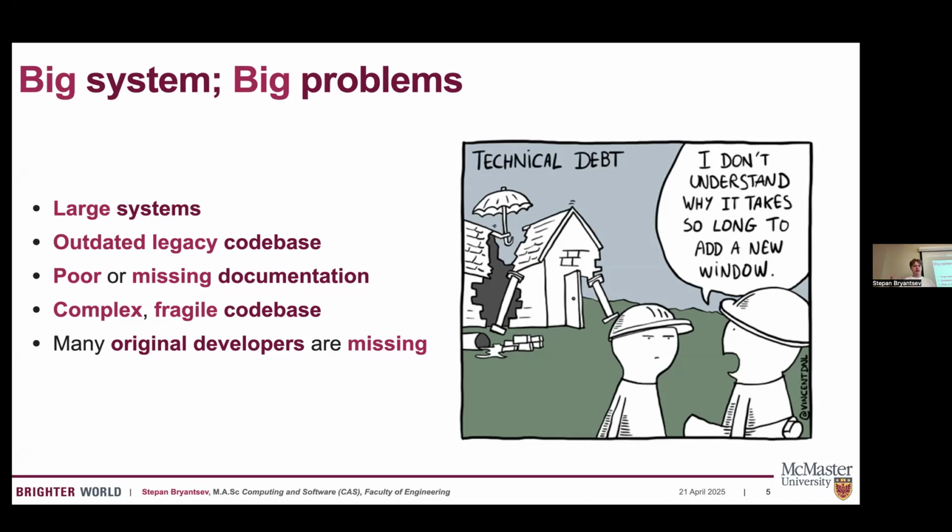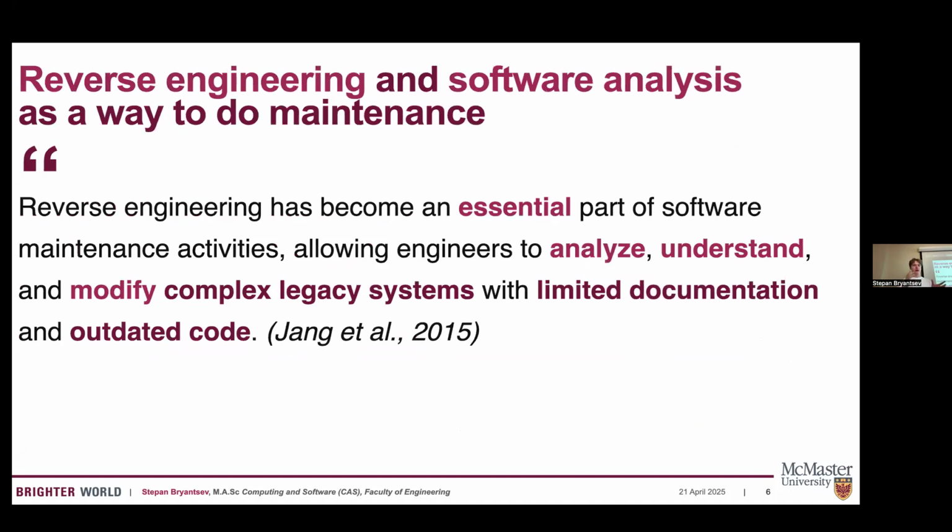And to do this, to recover this essential information to continue doing the maintenance and try to fix this system, people usually rely on reverse engineering and software analysis tools. Those tools are essential to help engineers to analyze, understand, and modify complex legacy systems with limited documentation and outdated code.